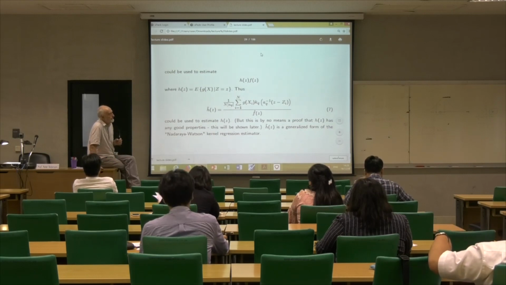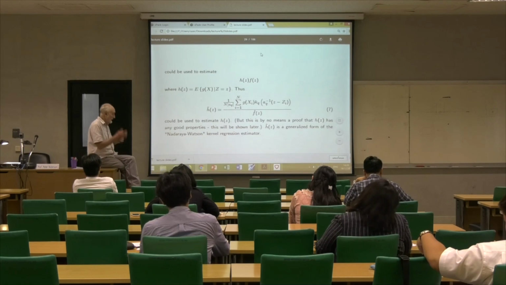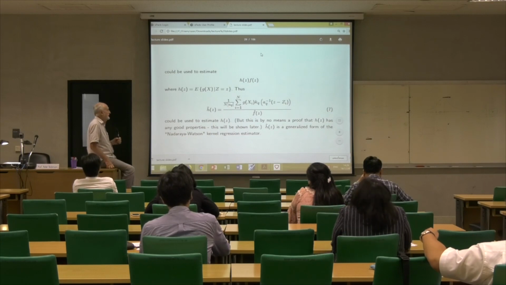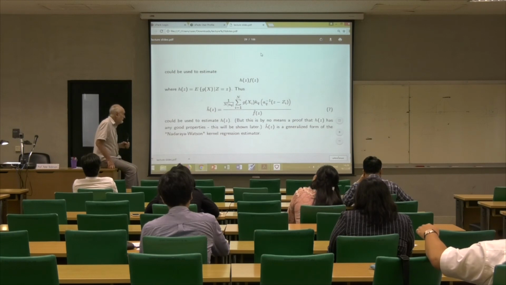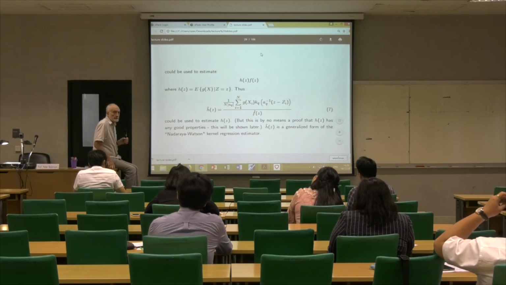It was a paper back in, I think, around 1967, in the Indian journal Sankhya by Watson, and then another paper by Nadaraya, in a Soviet journal, which came up with a similar estimate. And it's probably overall still the most popular estimate of non-parametric regression.